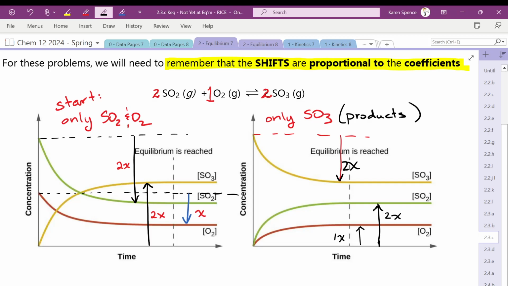But what do you notice about the final levels for both graphs?